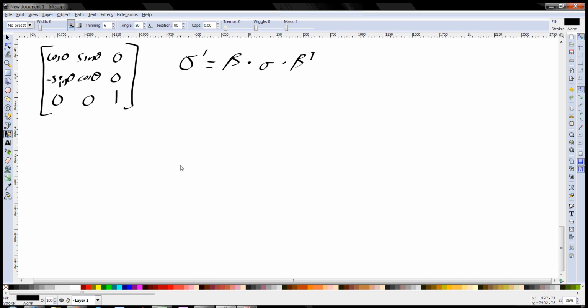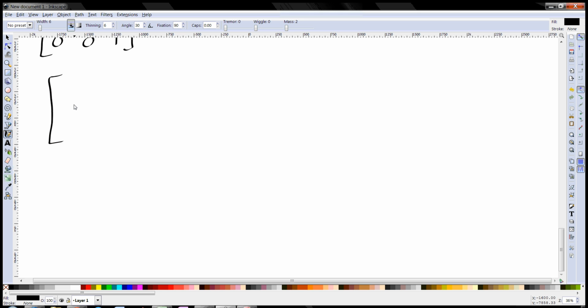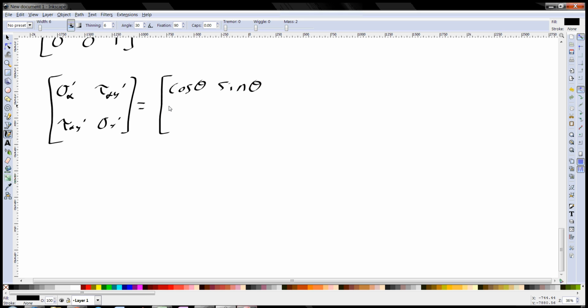What that looks like written out is you've got your new stress in the x, your new shear in both of those places, and your new stress in the y, equaling your directional cosine times your original stress matrix.